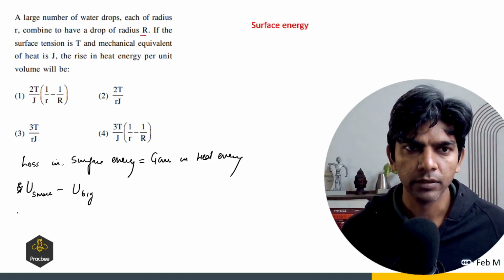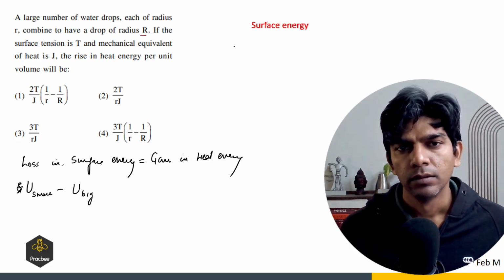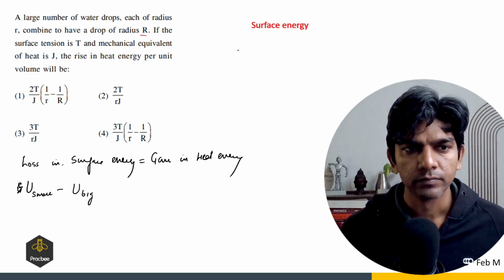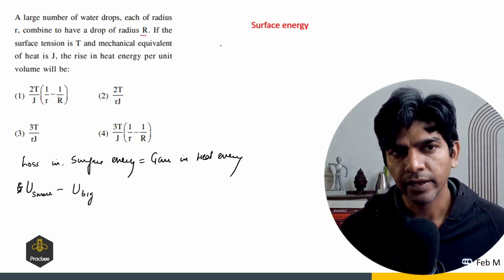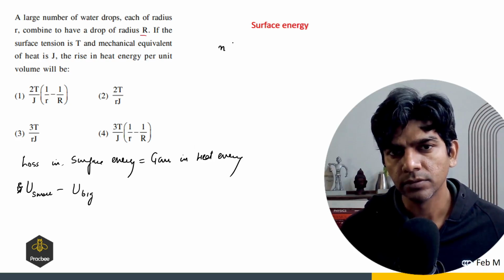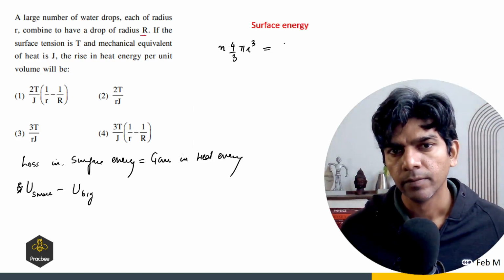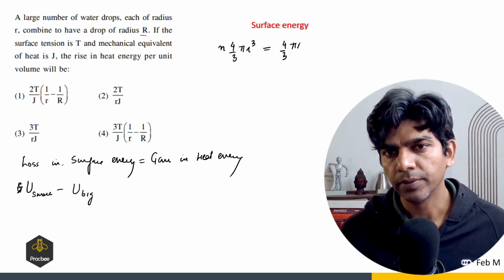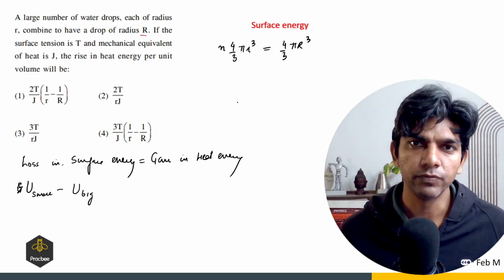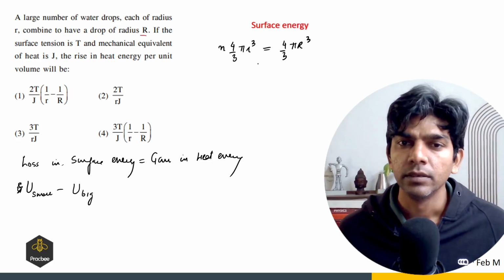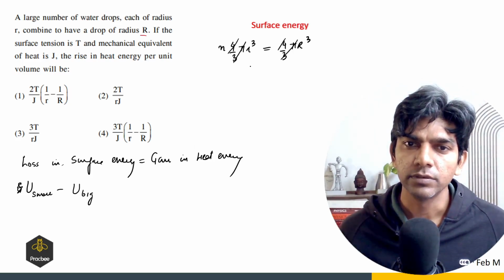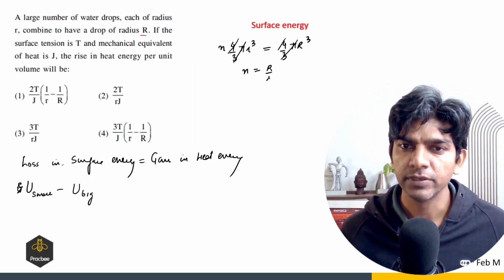So it will be, let us say there are n small drops, so n times 4 by 3 pi small r cube is equal to 4 by 3 pi capital R cube. So I'm just equating the volume of the drops, right? And 4 by 3 pi will get cancelled out. So from this n comes out to be capital R by small r cube.